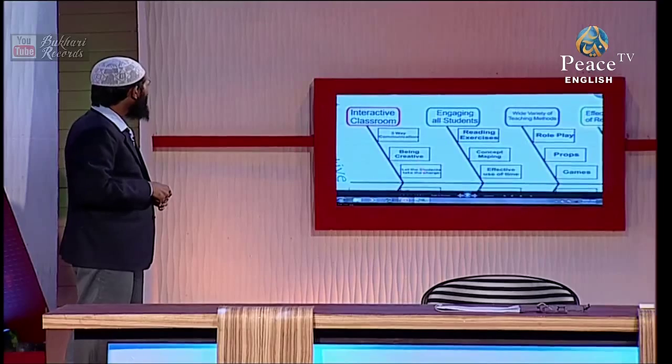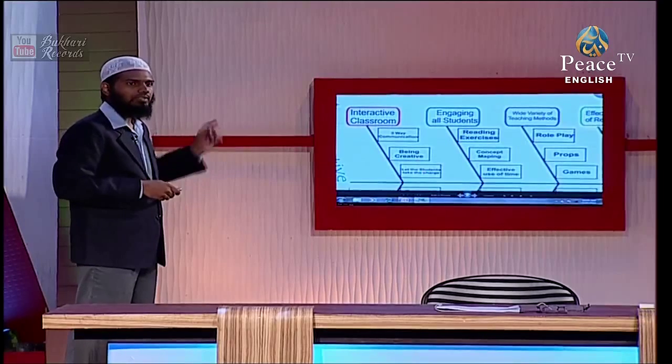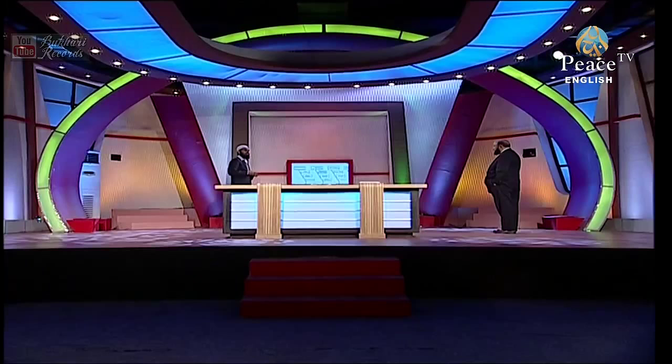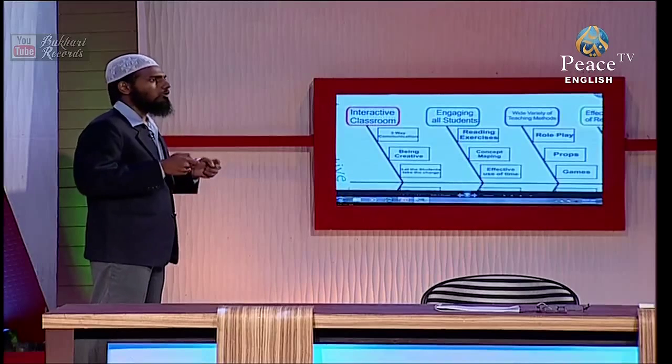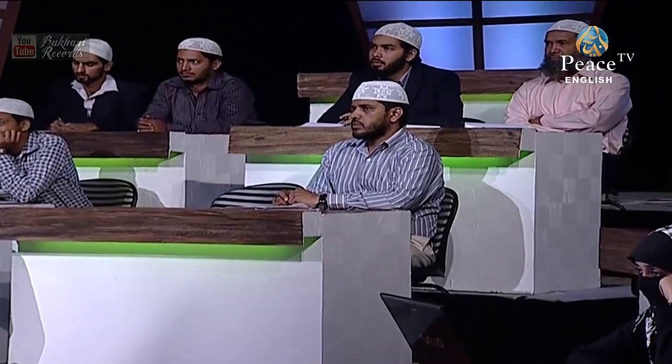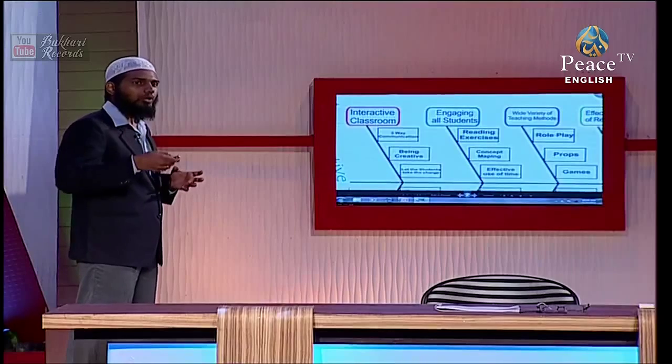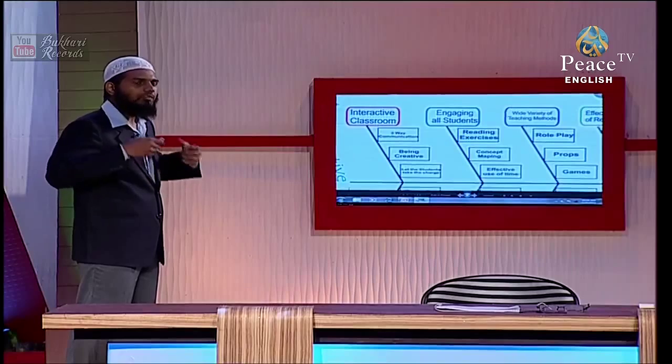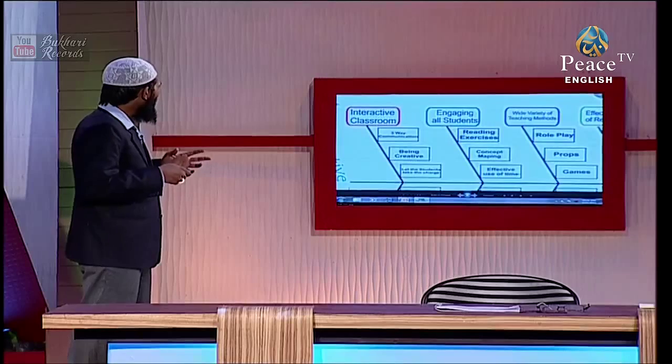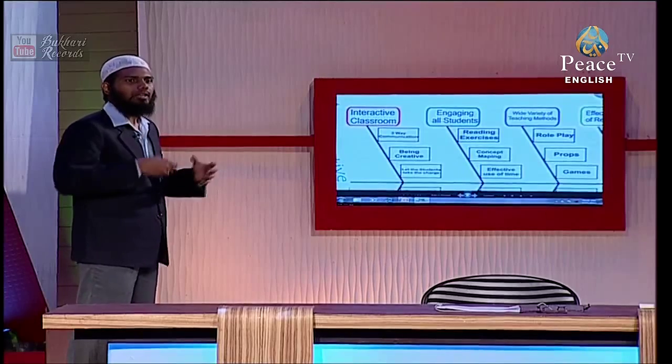The second point, which is most important in this subtitle, is to let the students take charge. Many a time, we have teachers being a Superman teacher, taking complete control over the class. But when we give students the opportunity to take charge, to take active participation in the class, we increase the level of interaction in the class.